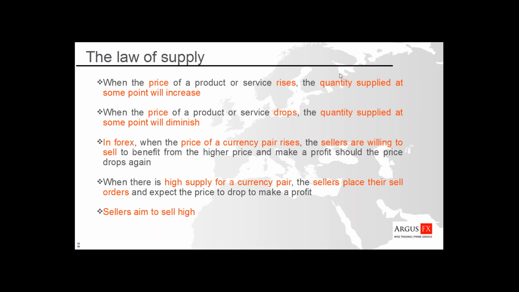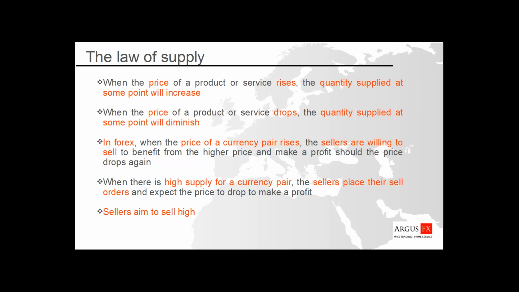On the other hand, we have the law of supply. When the price of a product or service rises, the quantities supplied at some point will increase because the suppliers want to sell at higher prices to make more profit.